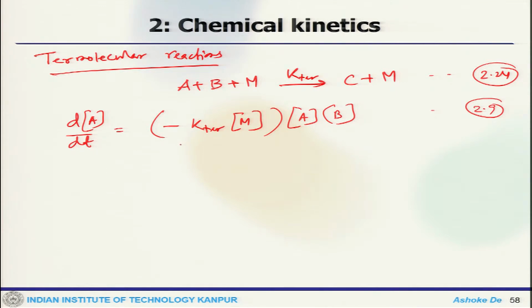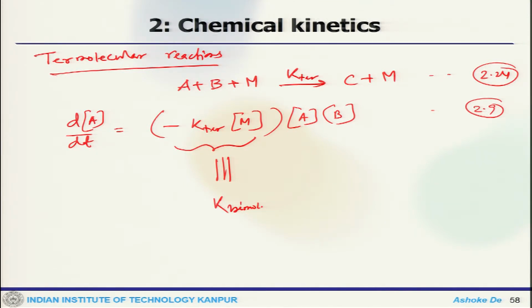Now, this term K times M plays the same role as K bimolecular here. If you look at it carefully, this complete term plays that role, so one can think of an equivalency with K bimolecular. The effect is similar.